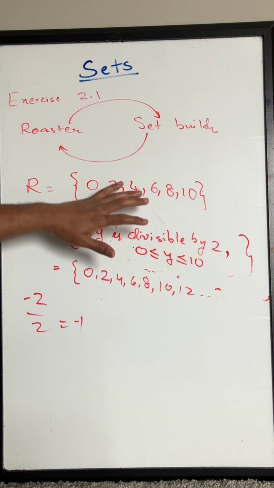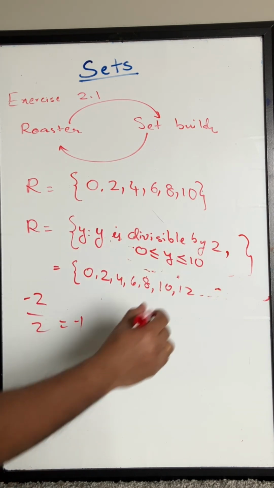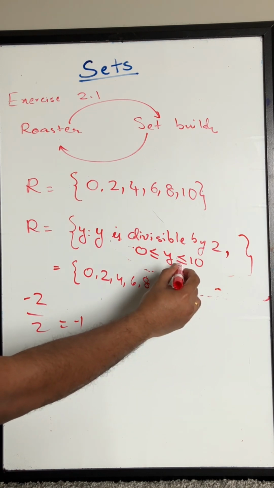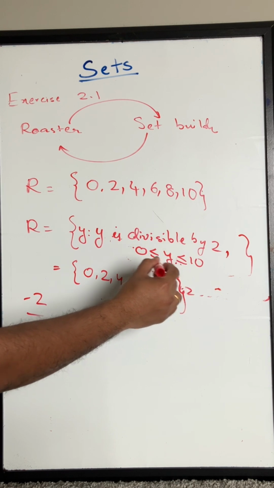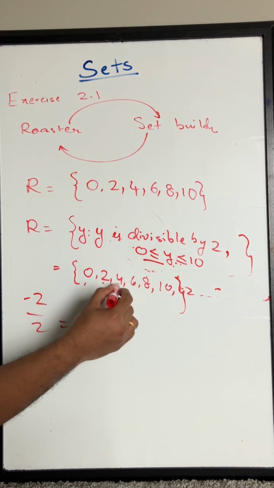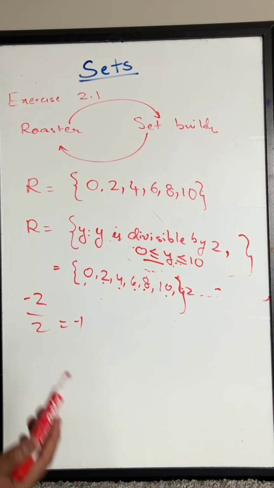Now you have to stop at 10, because Y must be less than or equal to 10. So I can't write 12. With this condition, I got only 0, 2, 4, 6, 8, 10. That's it.